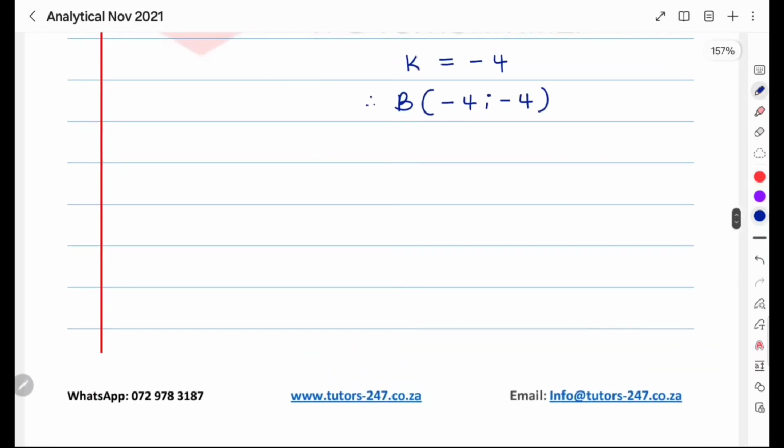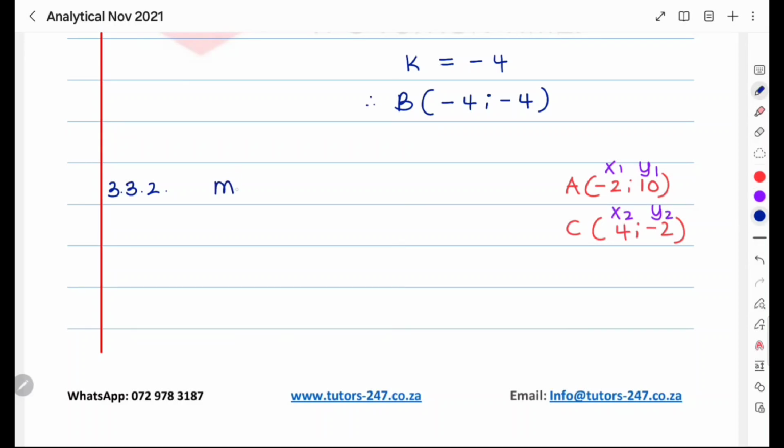So this is question 3.3.2. We are going to use the coordinates of A, which is -2 and 10, and the coordinates of C, which are 4 and -2. A will be our x1 and y1, C will be our x2 and y2.